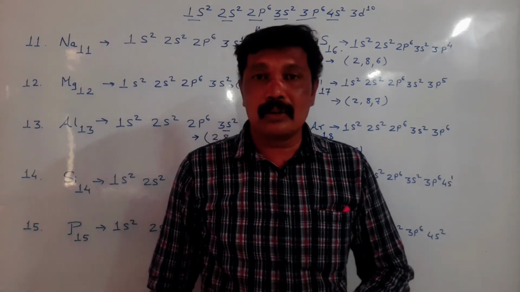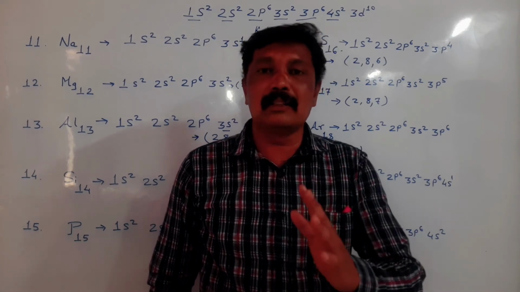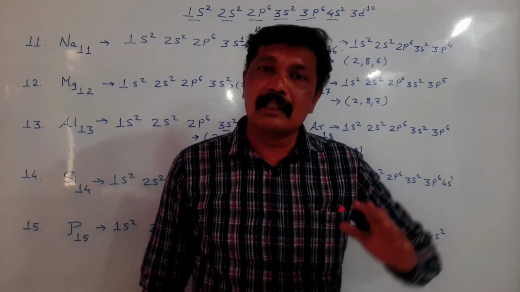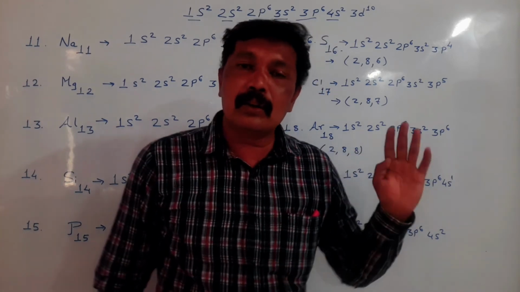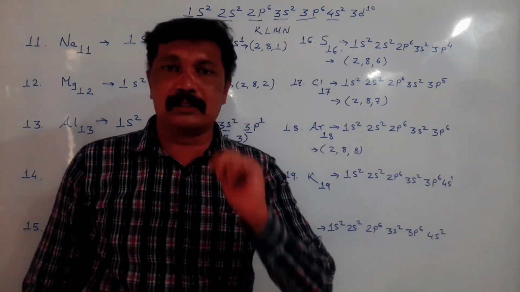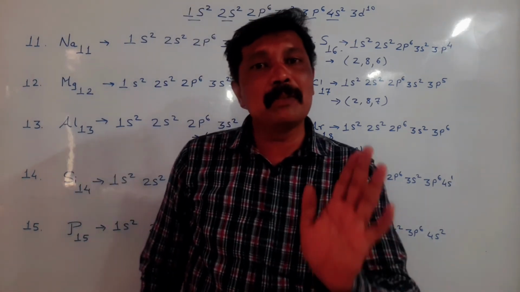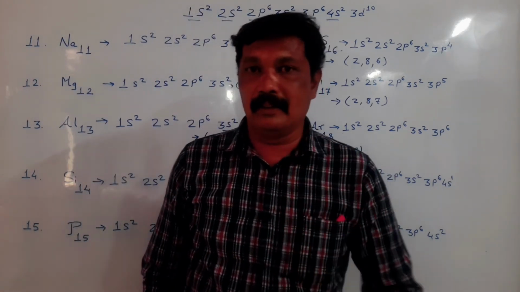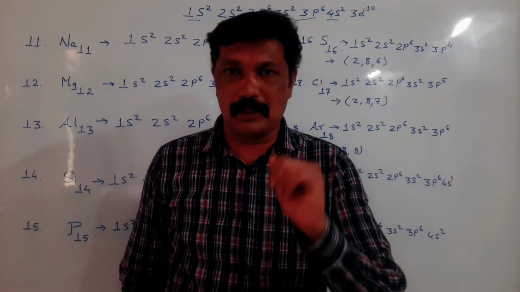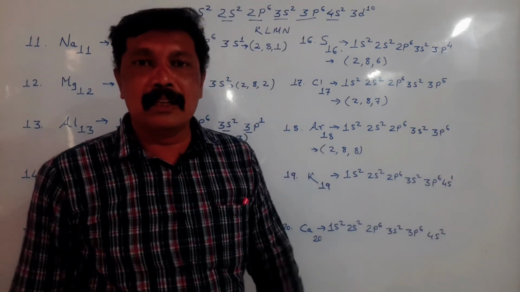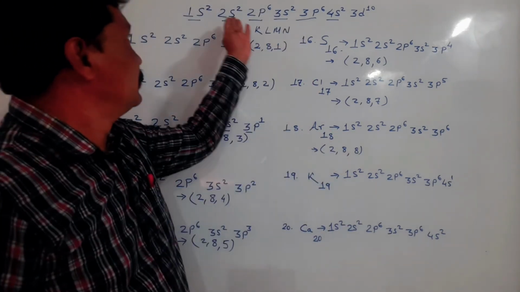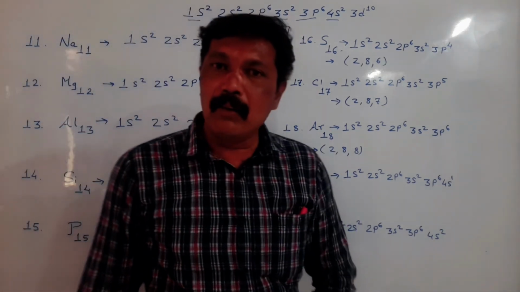So if a definite pattern is used, you will think that whenever you are writing the third shell, you have to go on filling the electrons up to the maximum number 18. But it does not happen because in Aufbau's principle, the energy levels are given in a series which we have already discussed.